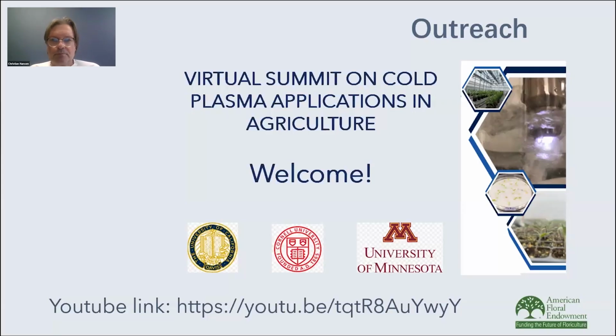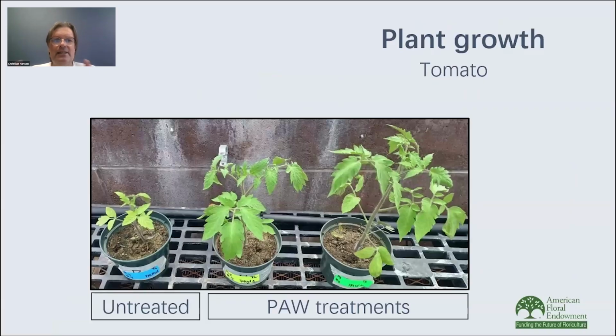That's also free. So with that, let's talk about how it can actually affect growth of plants. You are looking at 3 tomato plants here, planted at the same time in the same kind of soil, in the same greenhouse, irrigated the same way, and fertilized the same way, except the 2 to the right were given, instead of regular tap water, about 40% of the water they were getting as 2 kinds of PAW.